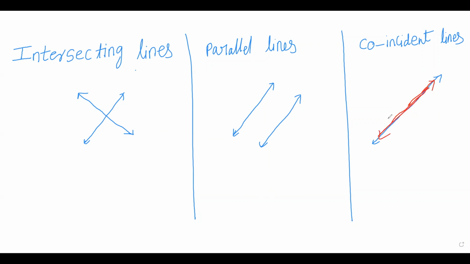Intersecting lines have unique or one solution. Parallel lines will not meet, so no solution. Coincident lines will have infinitely many solutions.